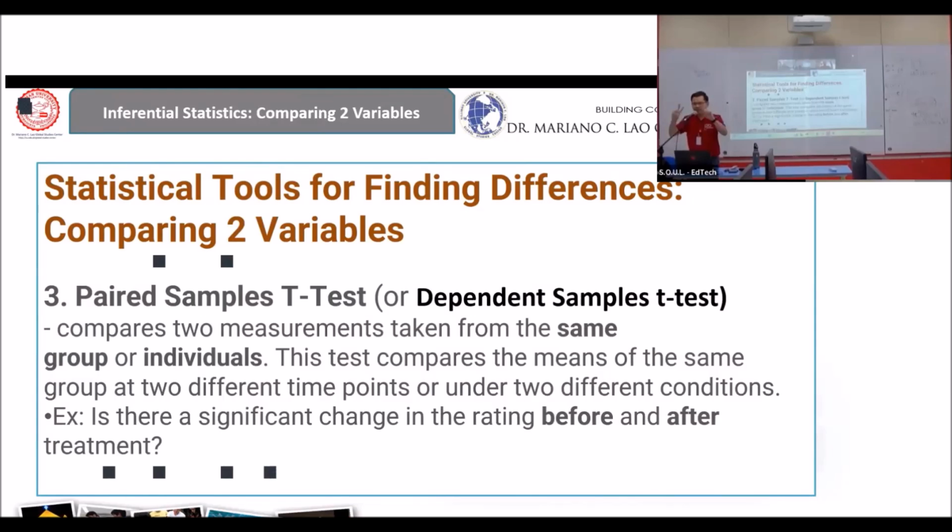In descriptive statistics, there is no difference because that's equal to 4. But if statistically there is a difference, the 4 and the 4, even if numerically they are the same, but if statistically they differ, it means that your 4 in the post-test is different from the pre-test.